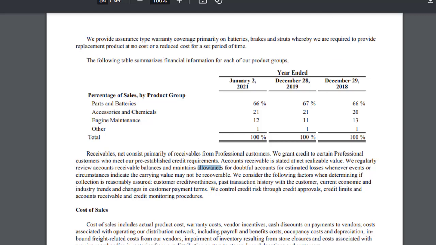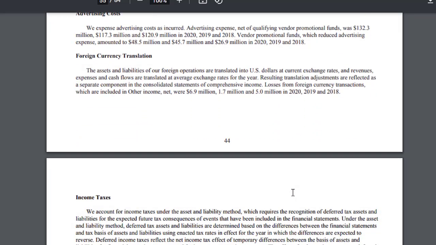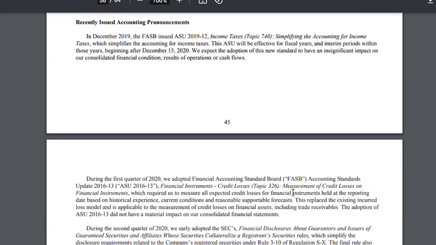So I'm going to keep searching. Just see if I can find anything.